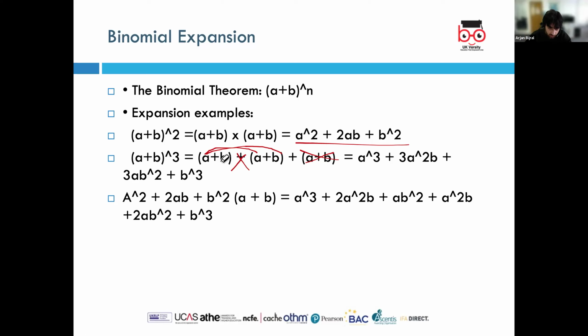So then once we've done this one and we've done basically what we did above, we then add in this extra A plus B, and we times that in as well. So we do the same steps: A times by this, A times by this, and A times by this, plus B times by this, B times by this, and B times by this.